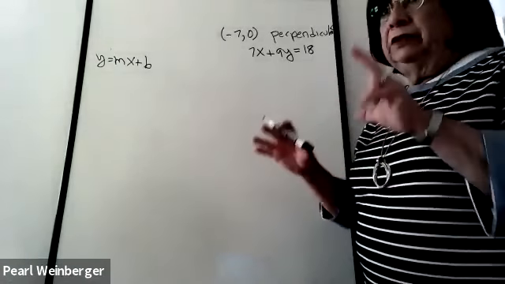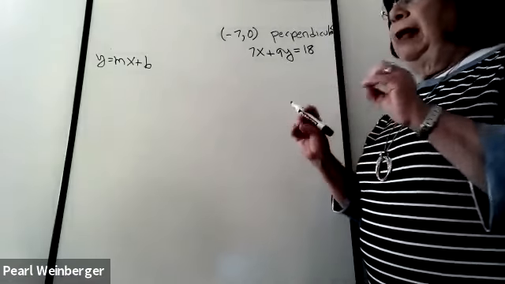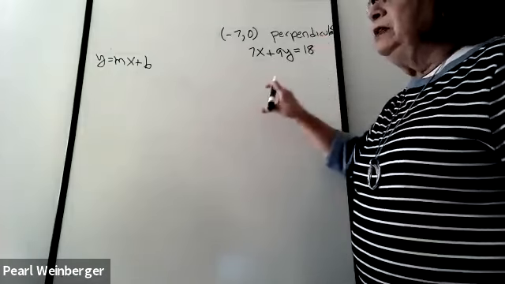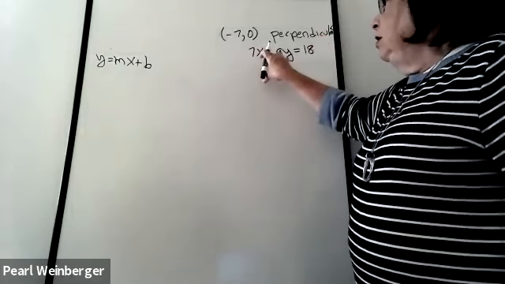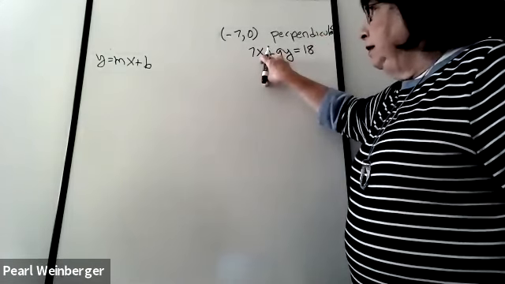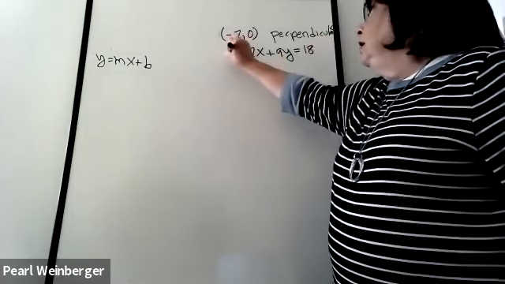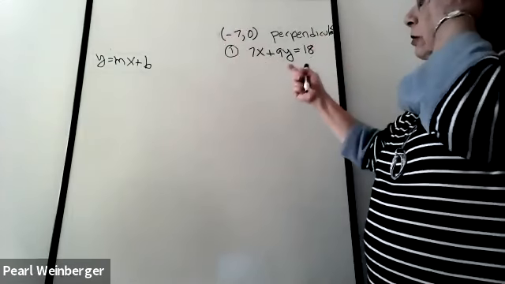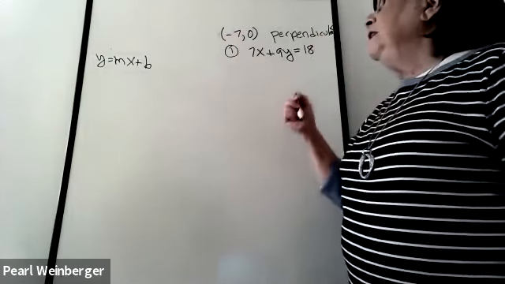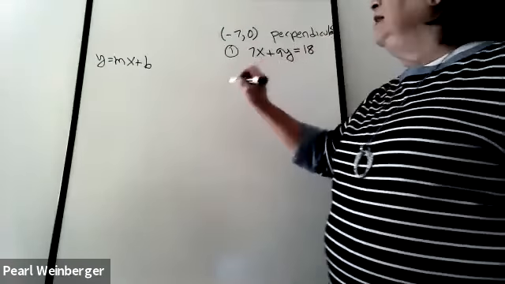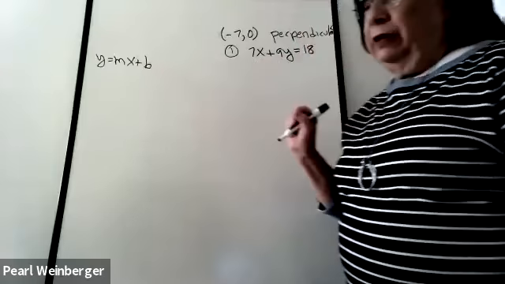Parallel lines have the same slope, and perpendicular lines have slopes that are opposite reciprocals. In other words, if I can figure out the slope of this original line, I'll call this line 1, then it'll give me a hint as to what the slope of my line is going to be. I'm going to call my line line 2.